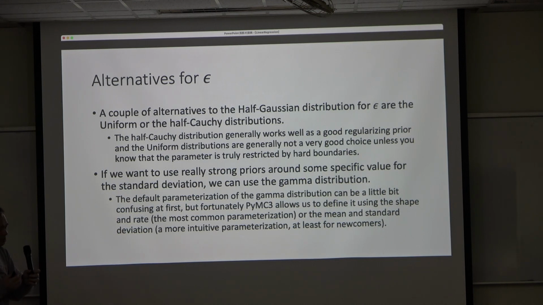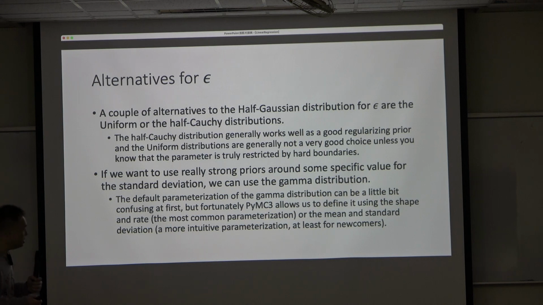If you know a certain value is very likely to be in the range of certain values, then you could set a gamma distribution for that parameter to create a strong prior. The default parameterization of the gamma distribution can be confusing, but PyMC3 allows us to define it using shape and rate, which are easy to understand.